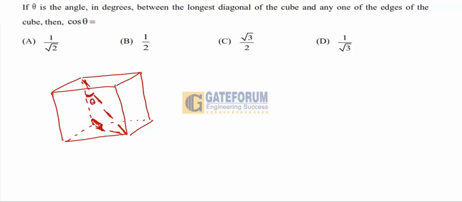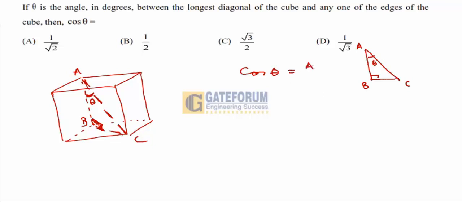So this must be theta. So they have asked you what is cos theta. Now we know cos theta for any right angle triangle. If this right angle triangle, say A, B, and C, were written like this, then this is the 90 degree and this is theta. So cos of theta would be adjacent divided by the hypotenuse.